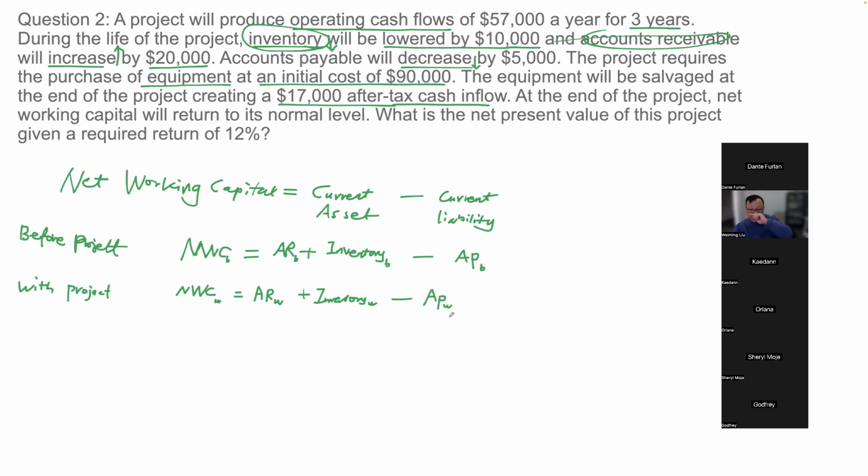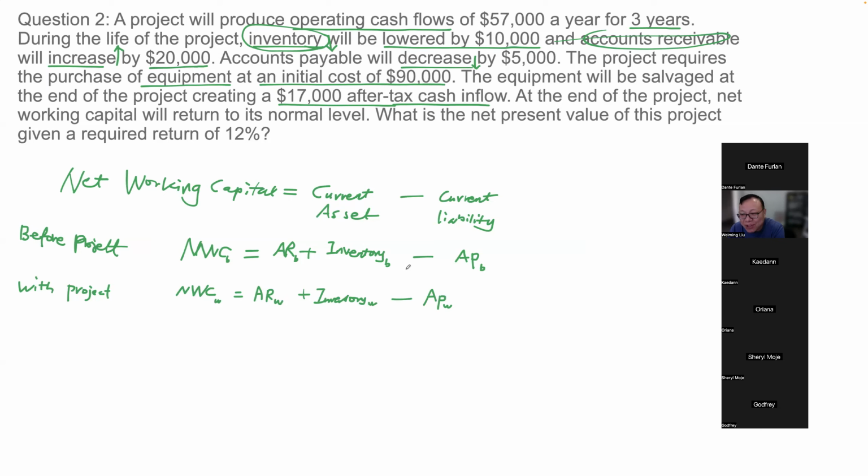Since it's a decrease in accounts payable, would we still subtract it or would we add it? We're going to talk about it later, but for now, I'm exactly following the formula. You may be one step ahead of me, but that's good.